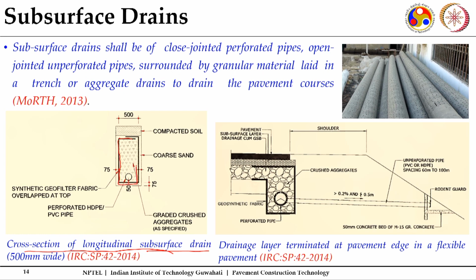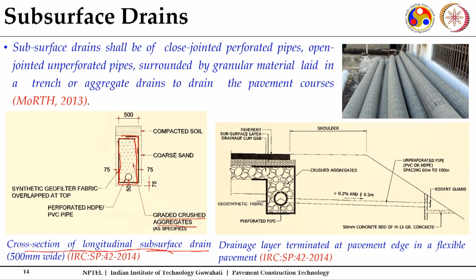The purpose of it is that any fines should not get trapped in. If fines go inside, they will reduce the drainage capability of the gradation used here. So this is the graded crushed aggregate used here, which follows a specific gradation because it needs to have high permeability, and then the water gets collected into these perforated pipes.